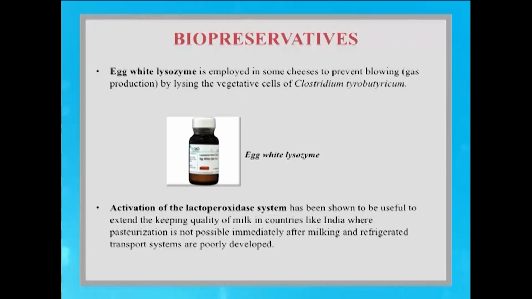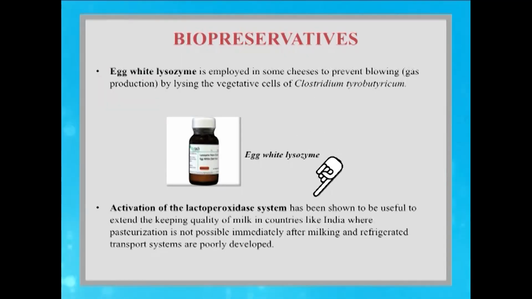We came to know this only after the discovery of the egg white lysozyme. Egg white lysozyme is employed in the cheese industry as a preservative because it inhibits the growth of Clostridium tyrobutyricum, and therefore gas production does not take place and the curing or production of the cheese takes place in a very good manner.